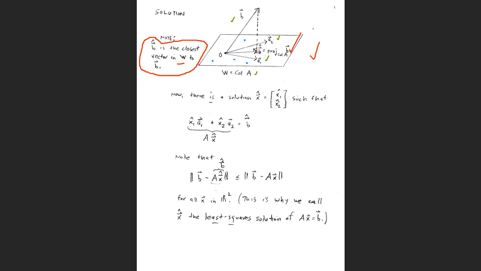I think you'd agree that there's no other point. So what we want to do is find this projection vector. And there is a solution, x hat. And this is, by the way, what's called a least squares solution.